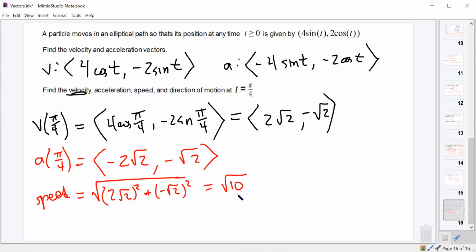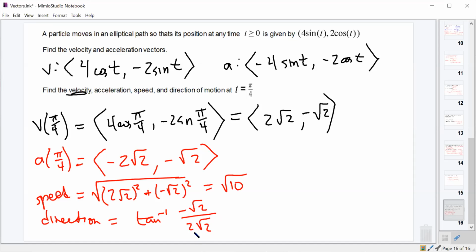And our direction should be what? Our direction should be the inverse tangent of the y-coordinate of our velocity vector over the x-coordinate. The y-coordinate was what? Negative root 2 over 2 root 2.